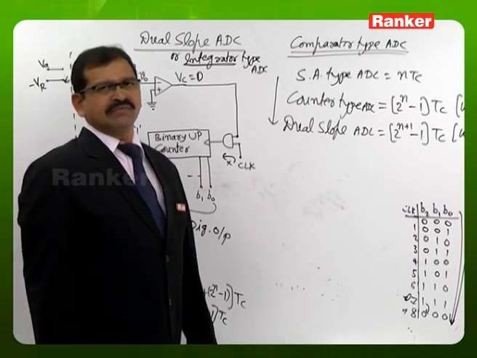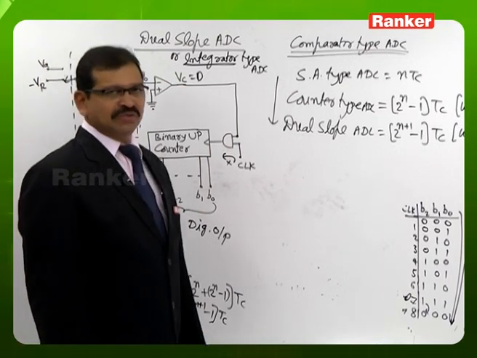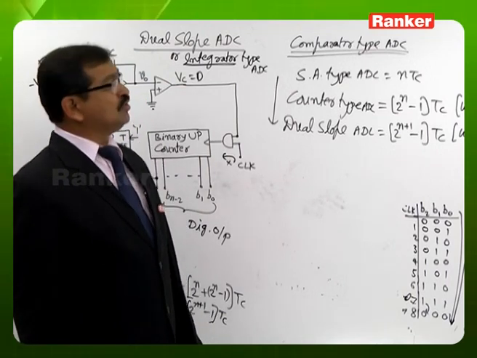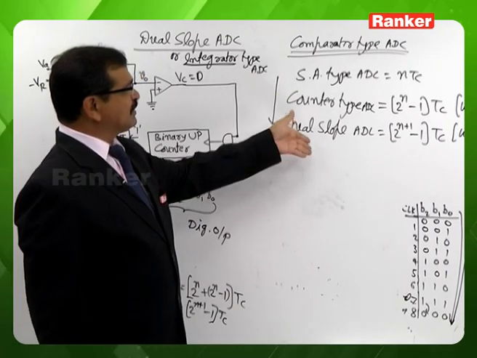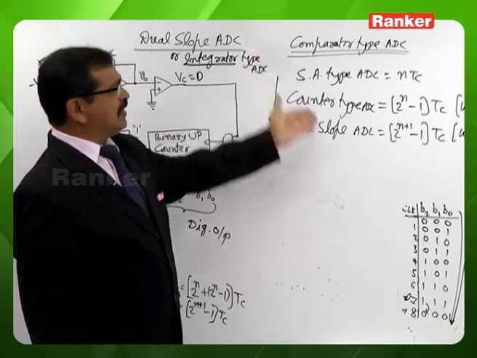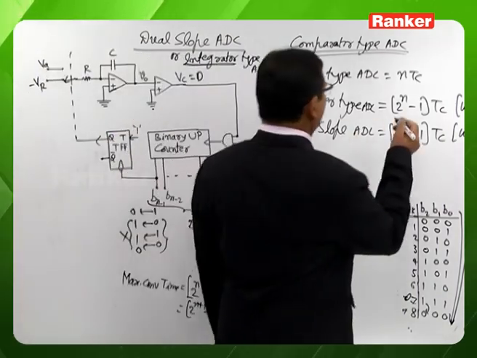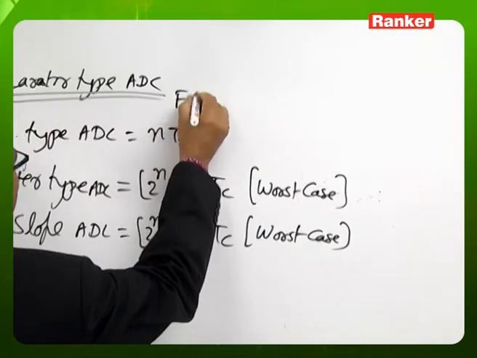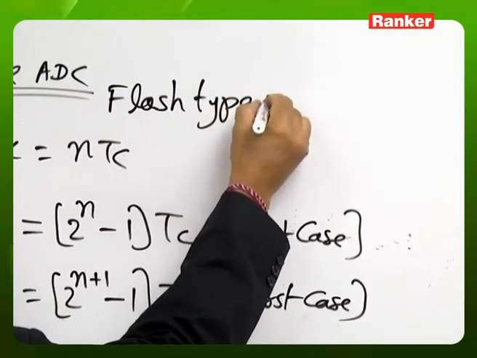In the practical situation, we are having the usage of buffer circuit, so at the maximum we are having the usage of 1 clock. Comparing with any other analog to digital converter, the conversion time of this comparator type ADC is negligible, very small. That is the reason to name this as flash type ADC.